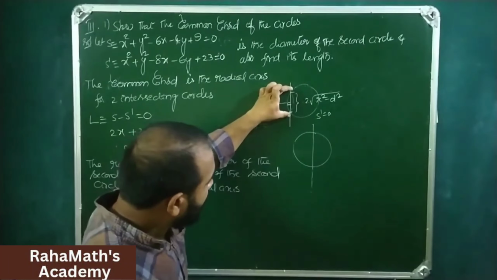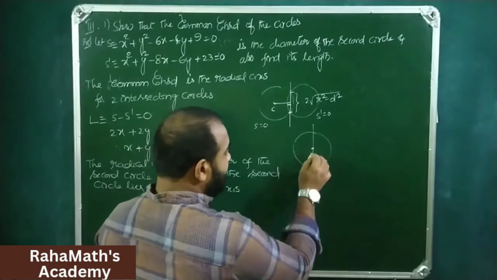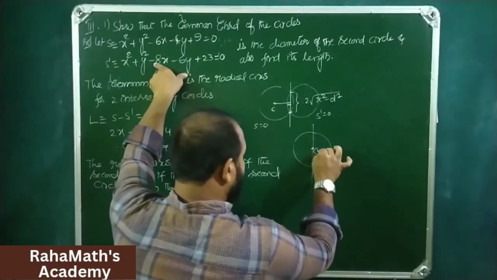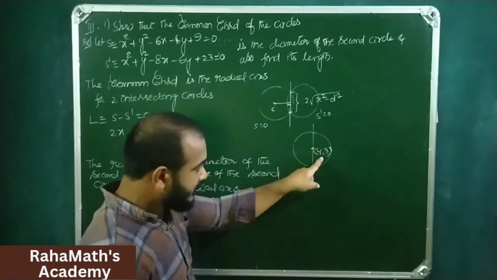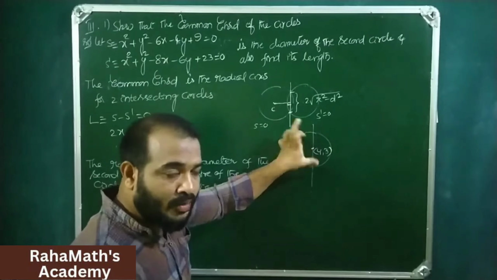So this common chord is the diameter of the second circle. That means the second circle center is how much? 4, 3. This 4, 3 must lie on this radical axis, which is the common chord of the two circles.